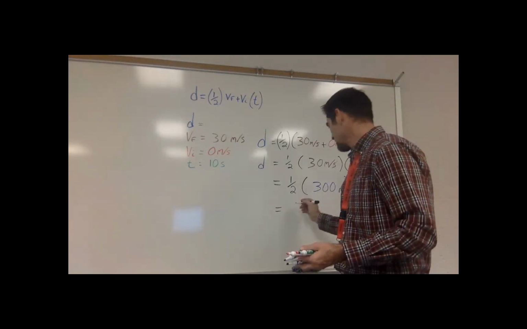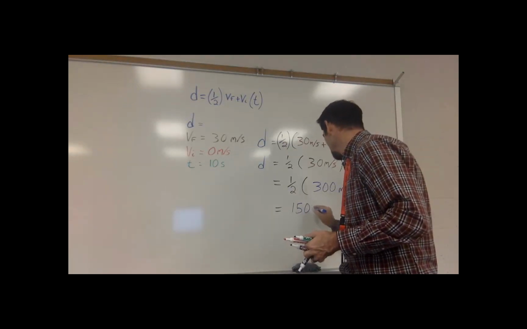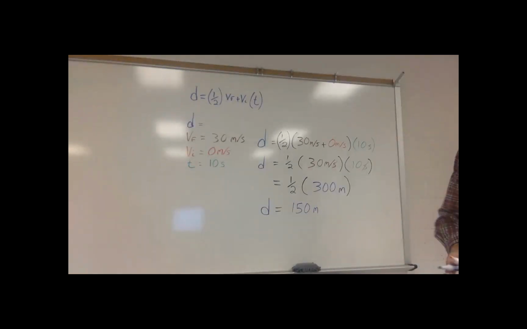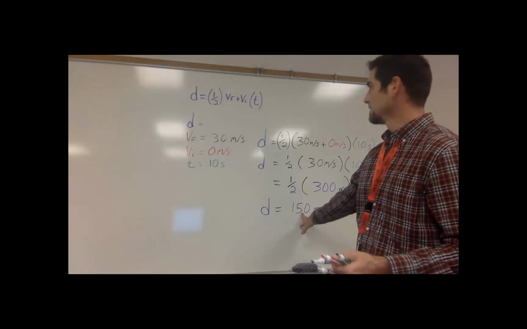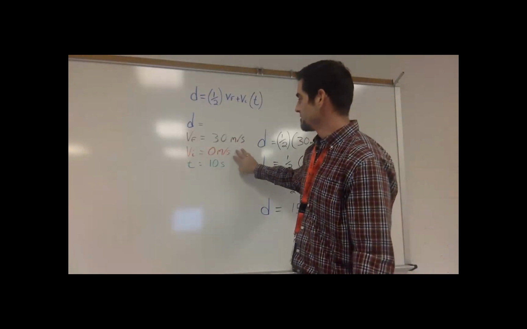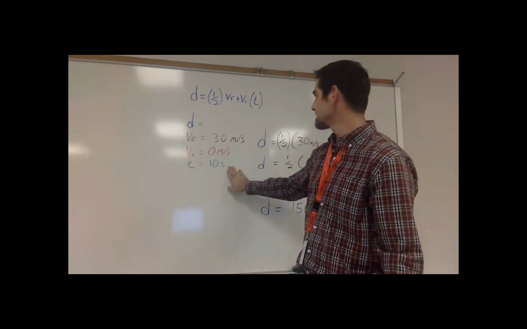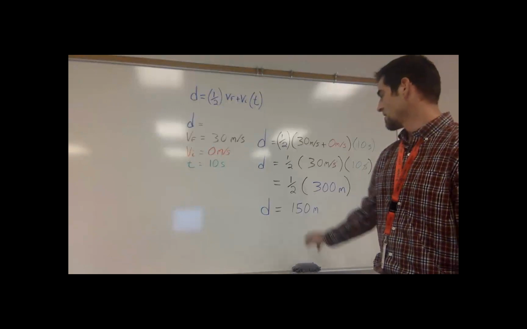Half of 300 is 150 meters. So for this example, distance was 150 meters. So if our initial velocity is 0, our final velocity is 30, and we know it took us 10 seconds, the distance we traveled was 150 meters.